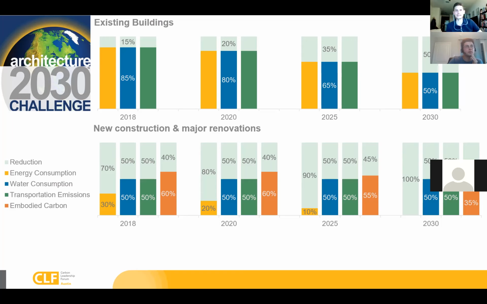On the embodied side, actually, Martin, you might know better than I. There's a push for that as well through Architecture 2030 now. Yeah, so it's parallel to the other goals that they're setting, because you can see here on the left, it's pretty comprehensive. So it's not just looking at carbon. There's also energy usage, water usage, transportation emissions, and being that it's Architecture 2030, it is geared towards architects.